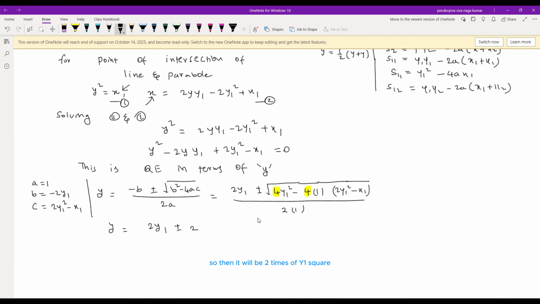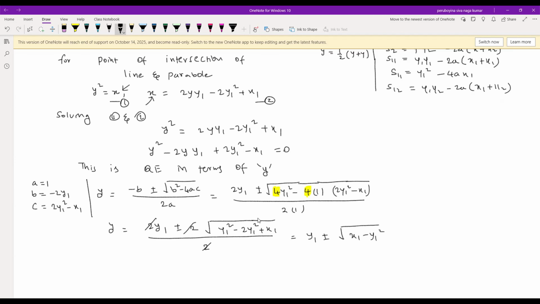So it will be 2 times of y1 square minus 2y1 square plus x1, divided by 2. 2 got cancelled. So y1 plus or minus root of x1 minus y1 square. So these are the roots we found just now.